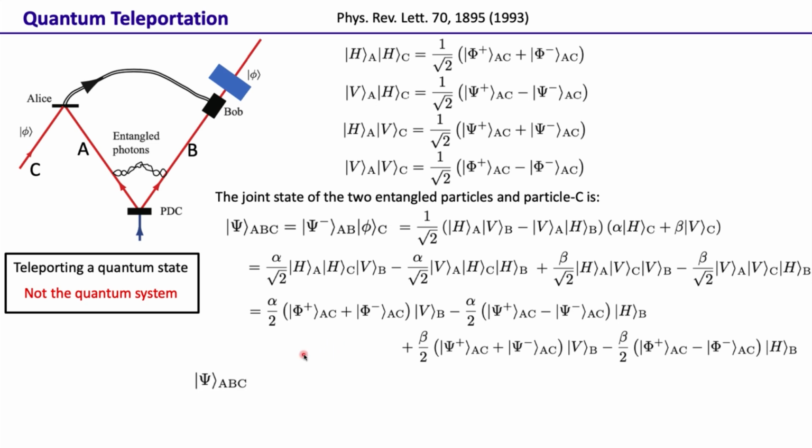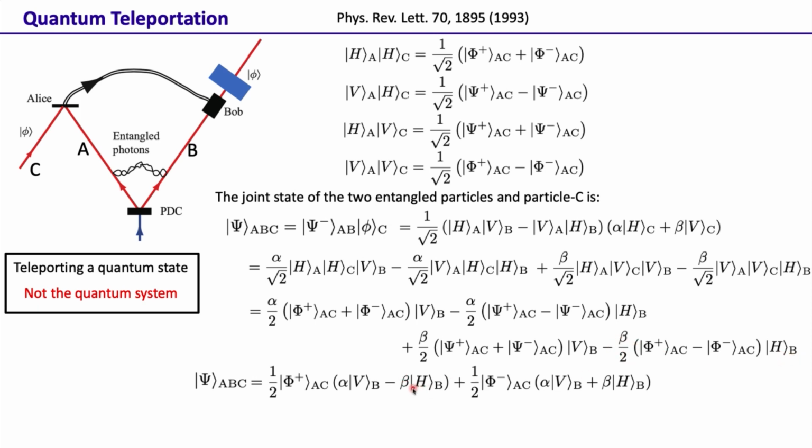So let's rearrange this equation one more time, and let's collect all the coefficients we have with phi plus, phi minus, psi plus, psi minus, and so on. Let's first do it for phi plus. With phi plus AC, we have this VB from here with alpha, and 1 over 2 comes over here, and then we have another phi plus over there, and that has an HB with a beta by 2.